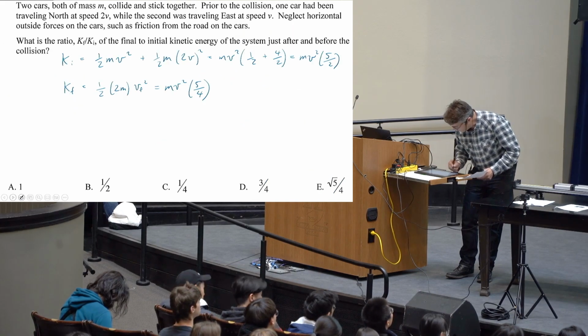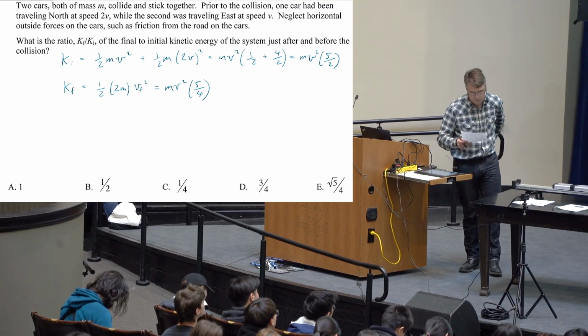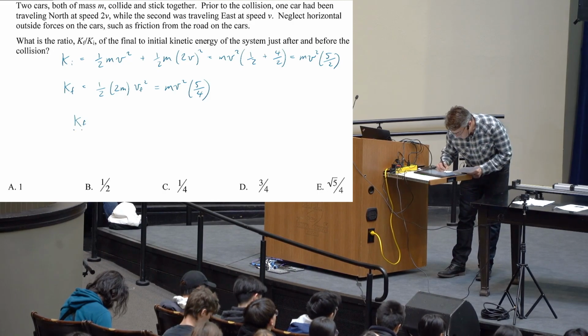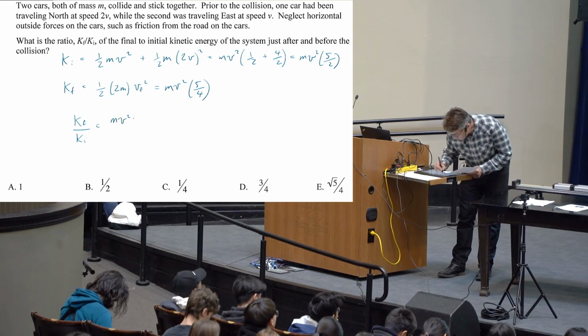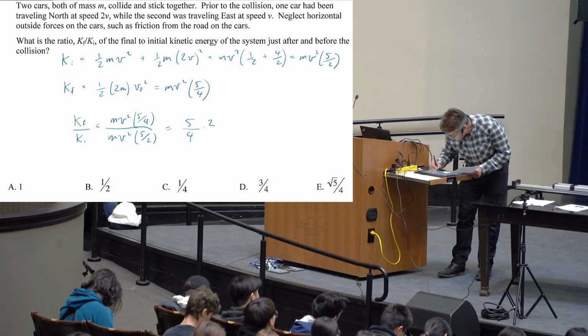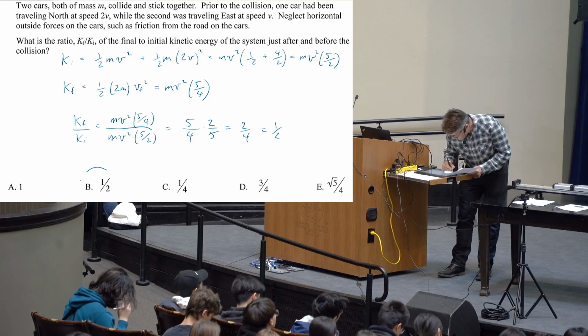When you square that, you get v squared times 5 over 4. Square root goes away. And so you're asked for K final divided by K initial, which is equal to mv squared times 5/4 divided by mv squared times 5/2. So you get 5 over 4 times 2 over 5, and you get 2/4. B.